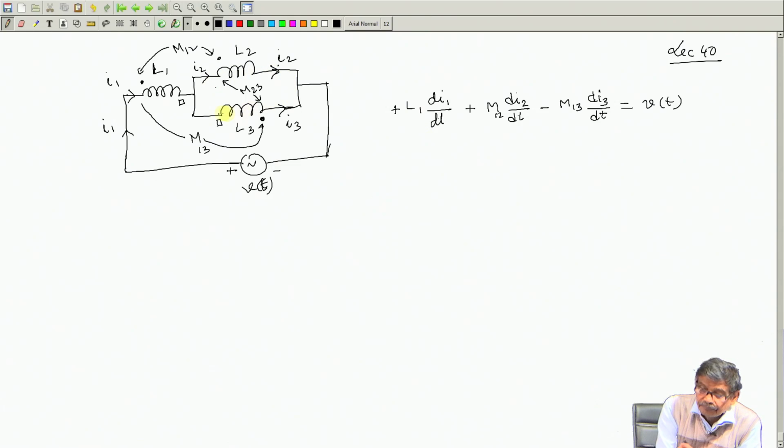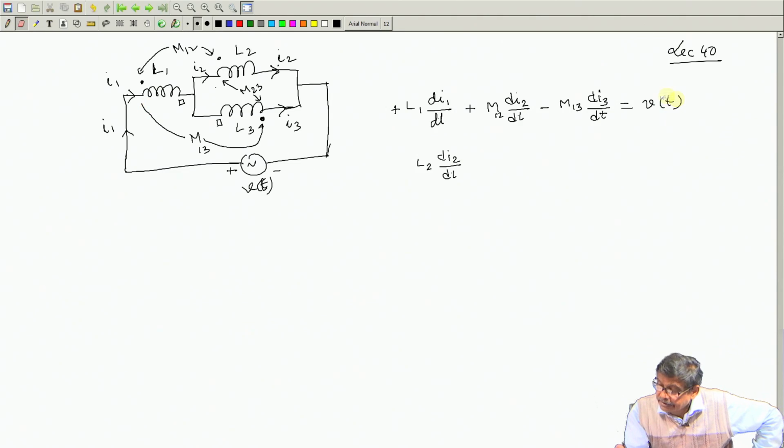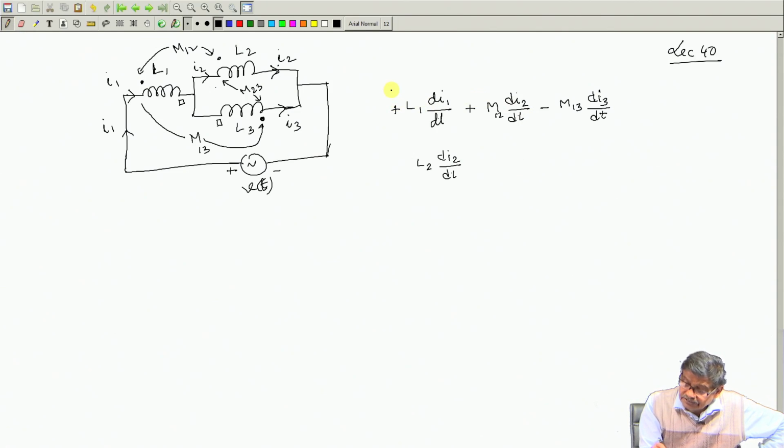It will be L1 dI1/dt, which I have taken, M12 dI2/dt, then M13 dI3/dt. This is across L1, sorry, thank you, you are right. So, this is only across L1, thank you.